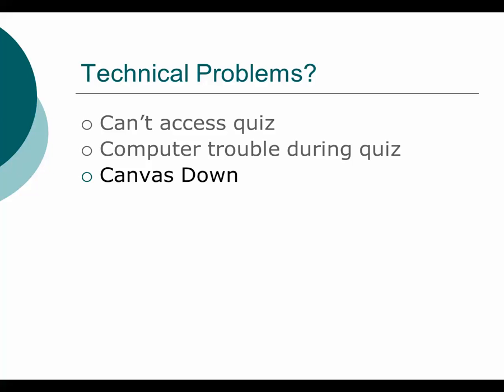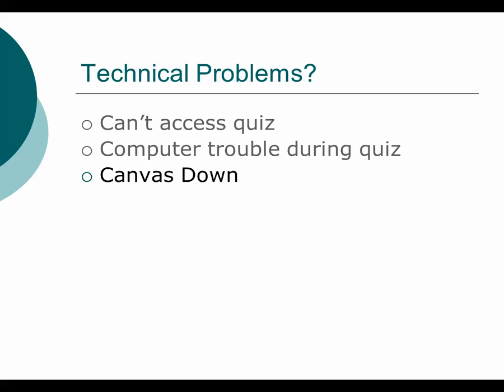it's never gone down. So I don't expect it to go down, but if by sudden bizarre chance it does, again, let me know, and I will take into consideration how long it's down and may extend the deadline for the quiz. If it just impacts you personally, like you only had a small window of time that you could take the quiz and Canvas being down made you lose it, I will take that in consideration and may give you personally extended time.